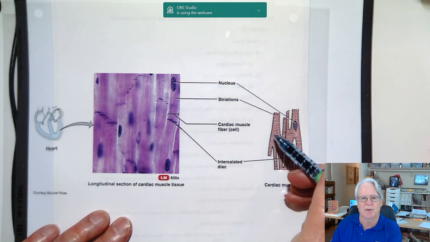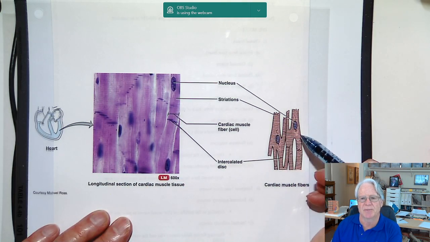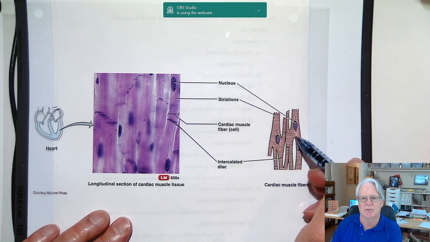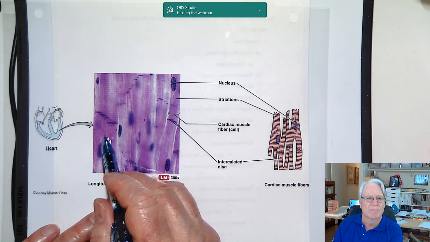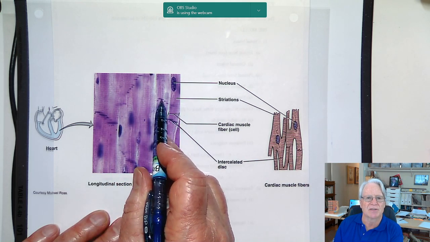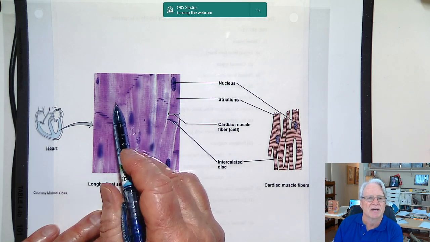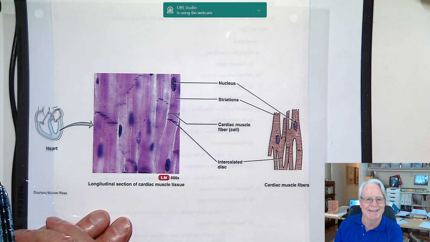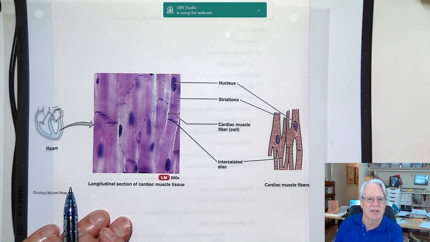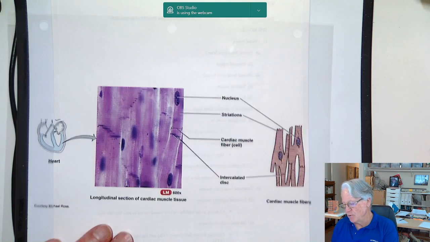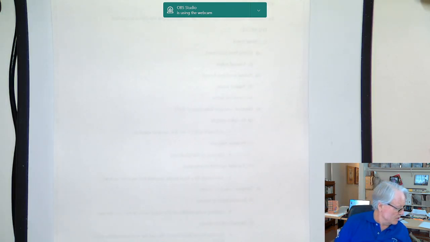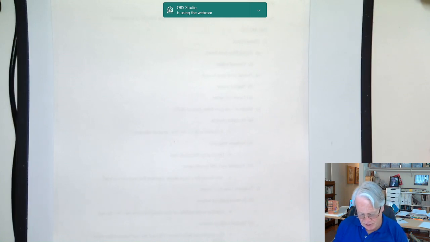You have to tease them apart to actually see the branching effect, but you can see it here in the drawing. Cells are branched, with centrally located nuclei. We have the striations, and we have these connections. These dark lines that you're seeing are the intercalated discs. A very special type of connection, and that will be developed later when you do the chapter in 40B on the heart. You have a whole chapter devoted to the heart, and you'll learn all about cardiac muscle tissue there.